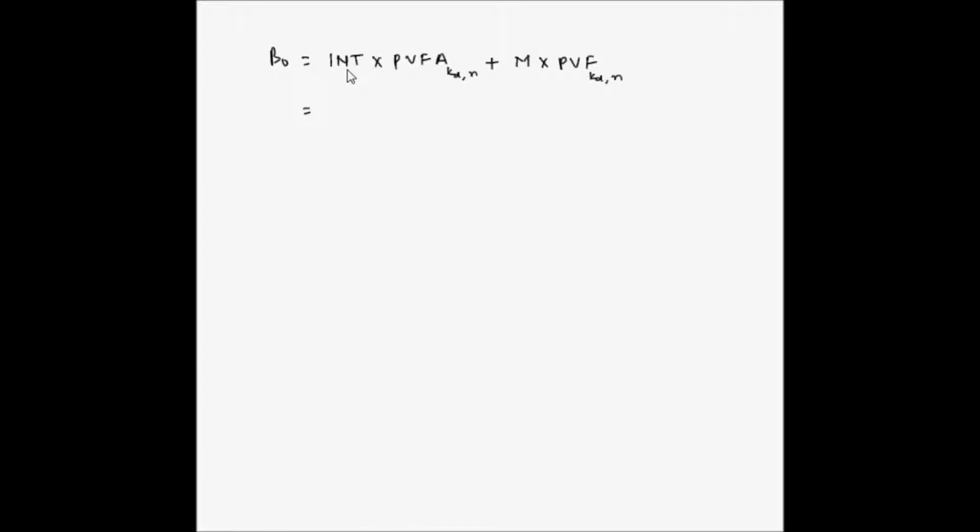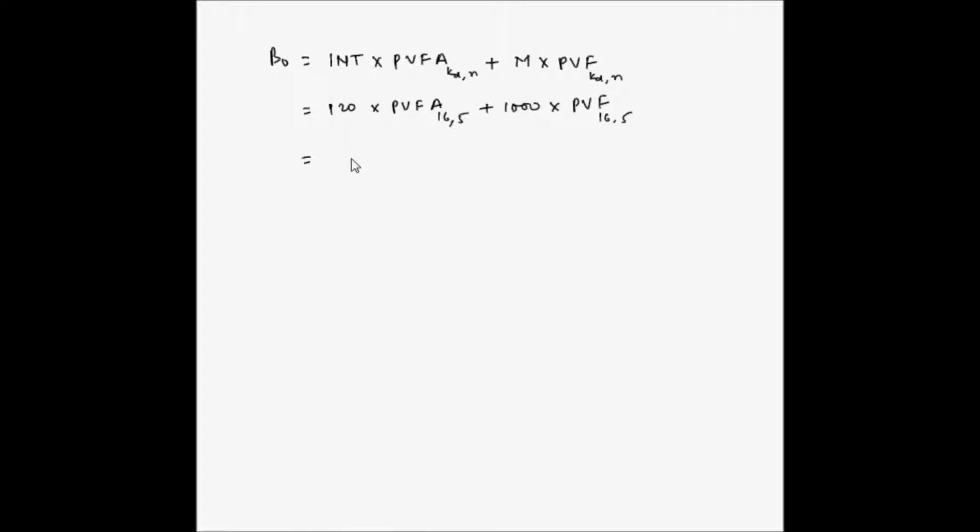So this is equal to, now interest amount is 120 into present value factor of an annuity. Now KD is the required rate of return, which is 16%. N is the number of periods, which is 5. M is 1000, which is the maturity value, into present value factor. KD again is 16 and N is 5.